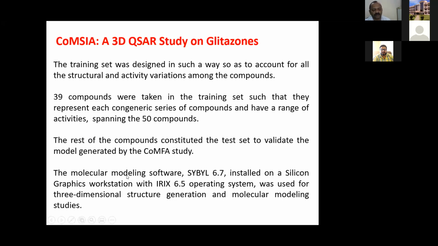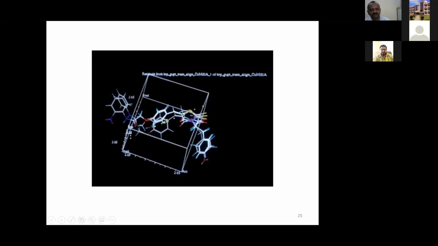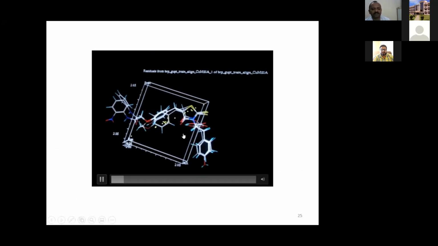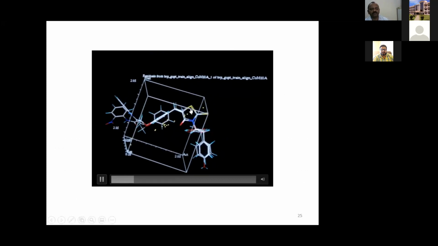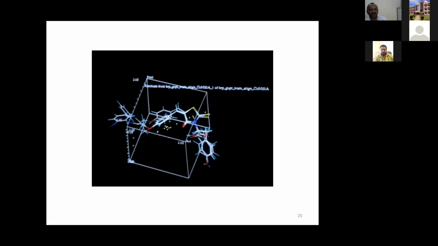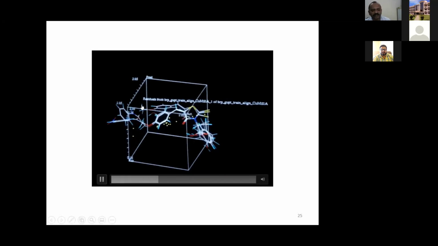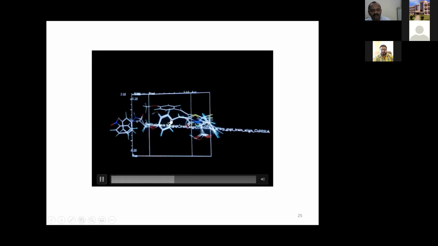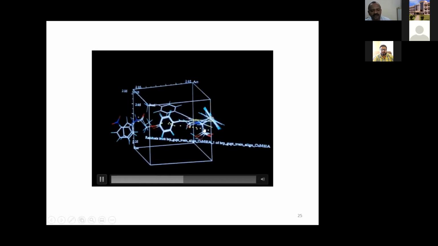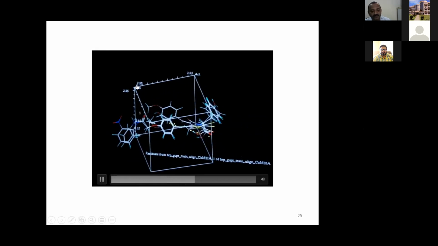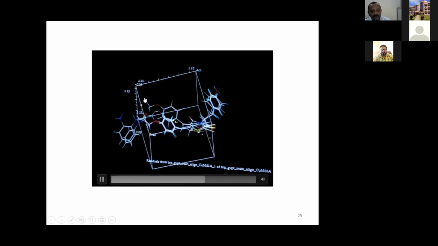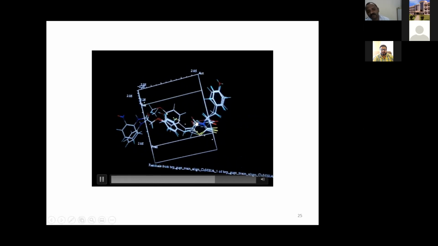What we have used is Sybyl 6.7 installed on a Silicon Graphics workstation, IRIX 6.5, an older version. Now you can see that once the molecules are aligned, this is how the molecules look. When you align them in a cube, you can see these yellow dots inclined with respect to the cube, where we have experimental activity and predicted activity.